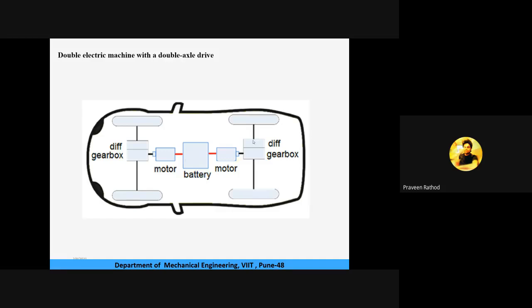So whenever we combine two traction sources in a single vehicle, it is used to control the strategy of a designer. Okay, control the strategy of the designer.